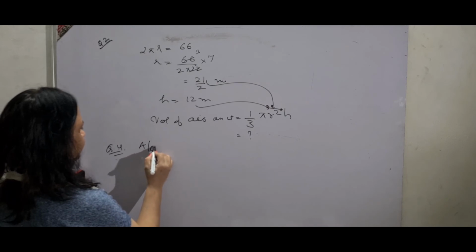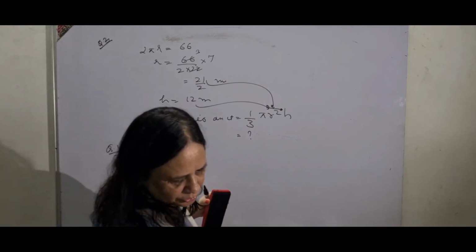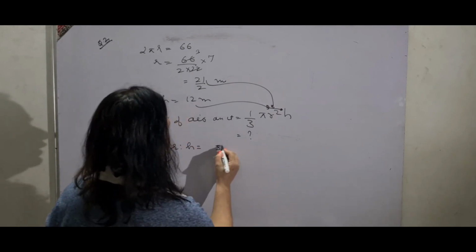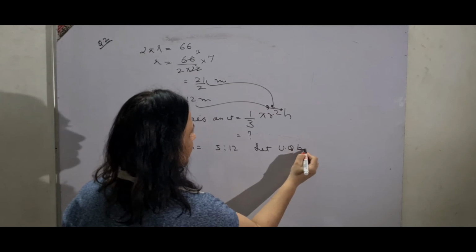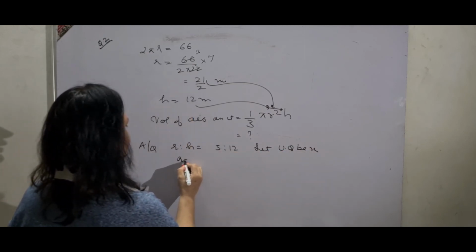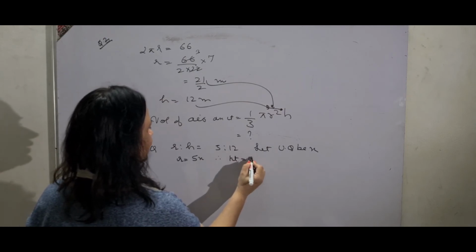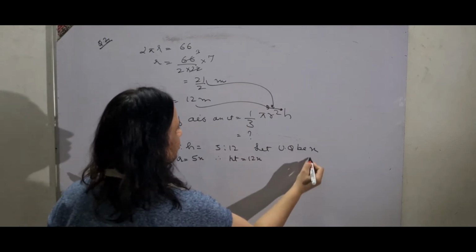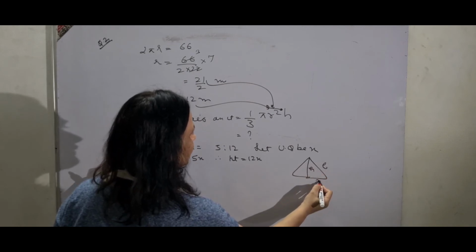According to the question, the ratio of radius to height is 5:12. Let the unknown quantity be x. So the radius is 5x, and of course the height is 12x. If you want the slant height, h and r are given to you.